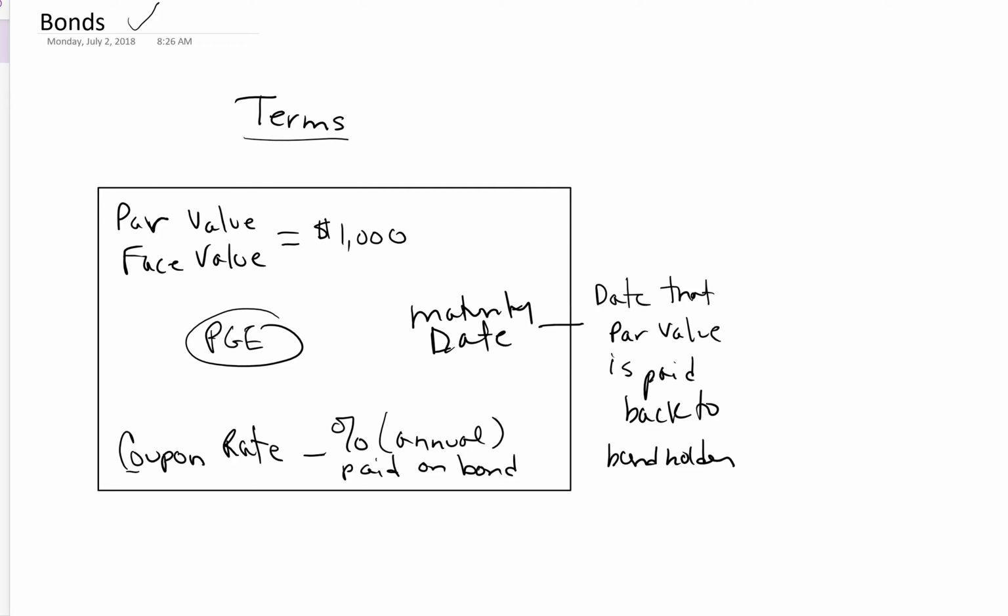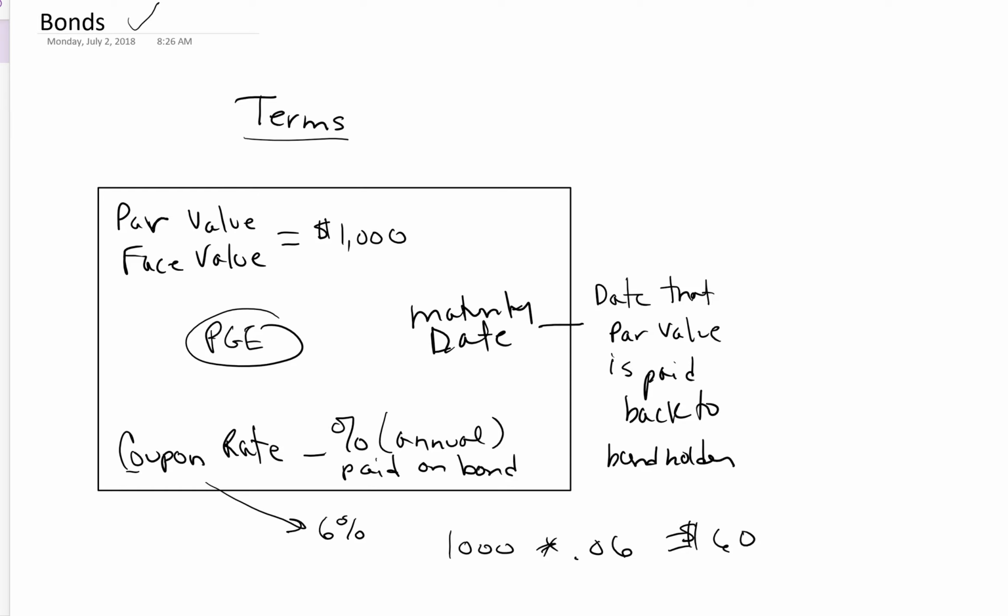And let's say you held the bond for 1 year. If the coupon rate was 6%, then you would have earned in 1 year 1,000 multiplied by 0.06 equals $60.